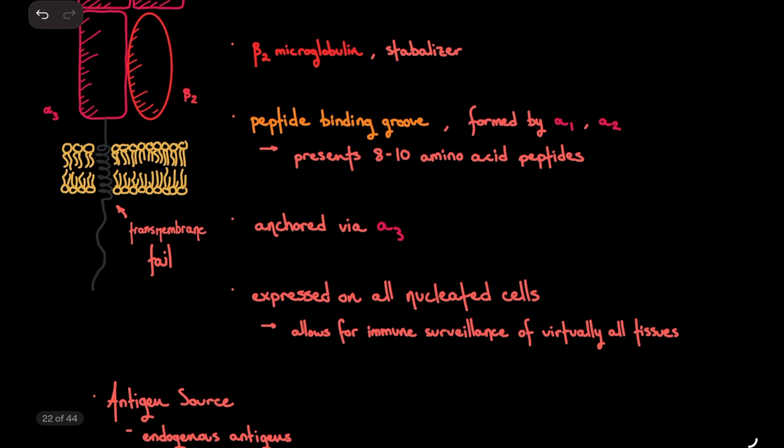It is expressed on all nucleated cells. MHC1 is everywhere. That allows for immune surveillance of virtually all tissues. Think about how advantageous that is. Since I'm expressing it on all nucleated cells, I'm expressing it on all cells capable of getting hacked by viral machinery.